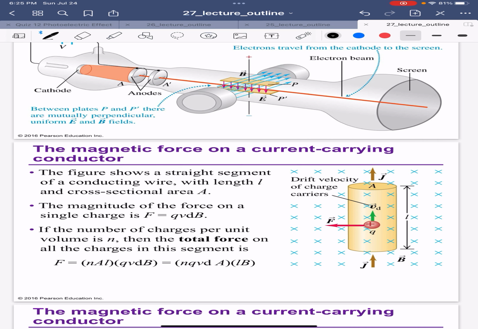It is a straight segment that has a length L and a cross-sectional area A. The magnitude of the force on a single positive charge is going to be qvB. And if the number of charges per unit volume is n, then the total force on all the charges is going to be nAL times that, because AL is the volume.